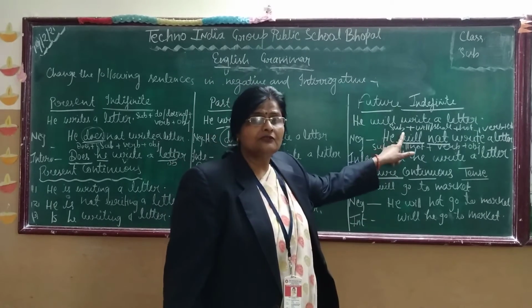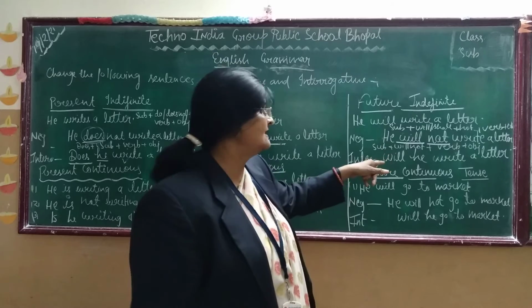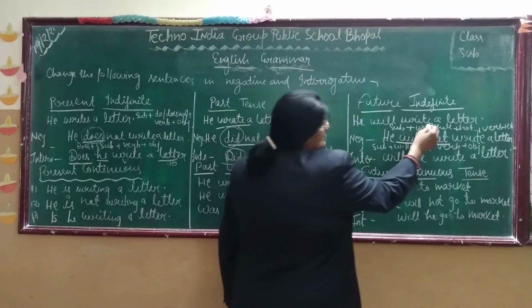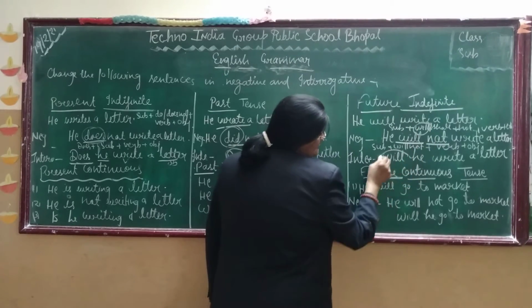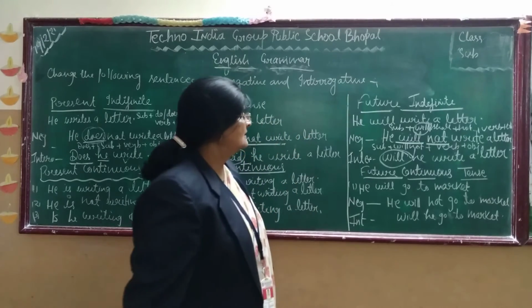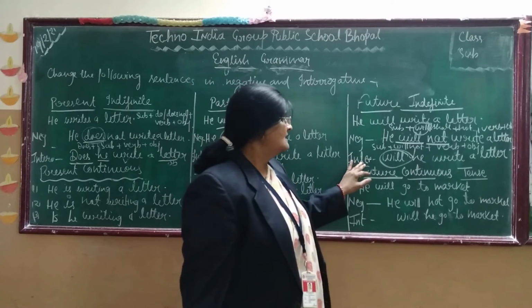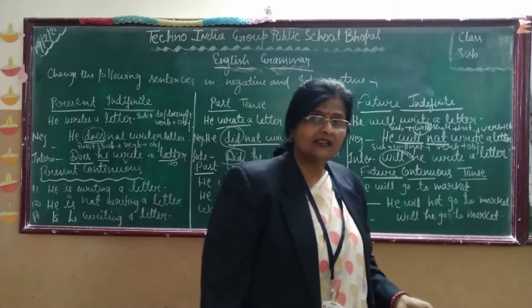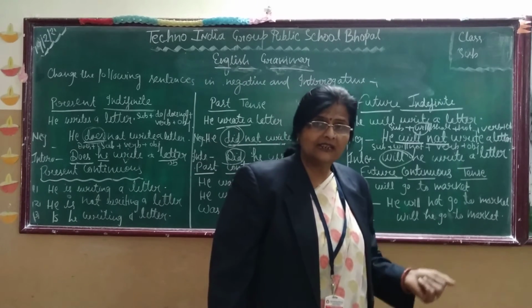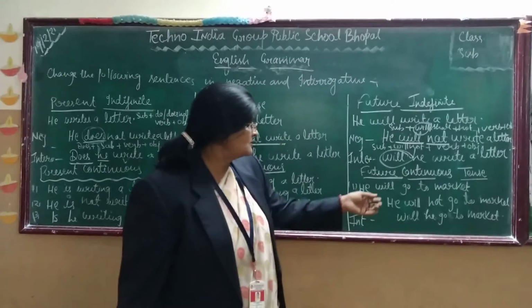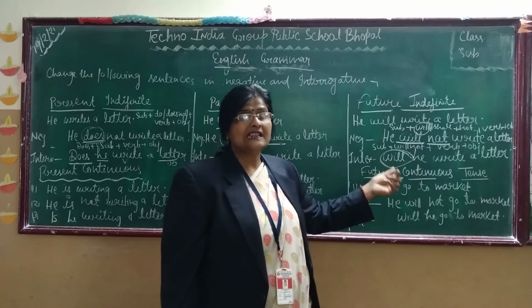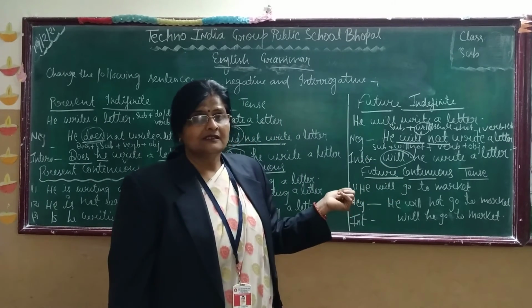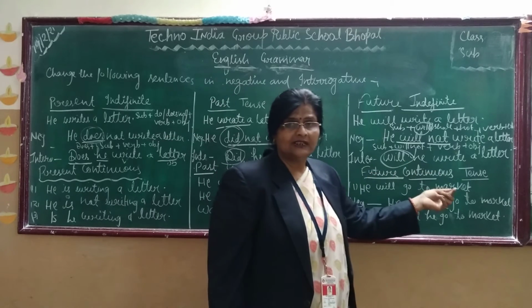And if we want to change in interrogative sentence, then this will come in the beginning of the sentence. You can see here. Then I will write this sentence. Will he write a letter? क्या वह एक पत्र लिखेगा? Will मतलब if we use this in the beginning, then it means क्या?